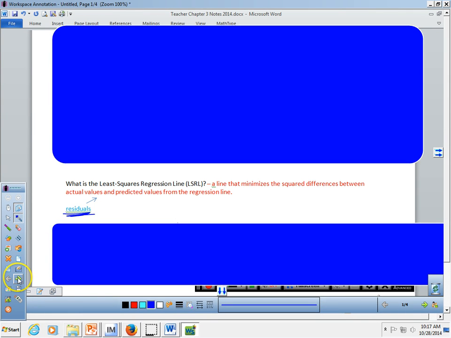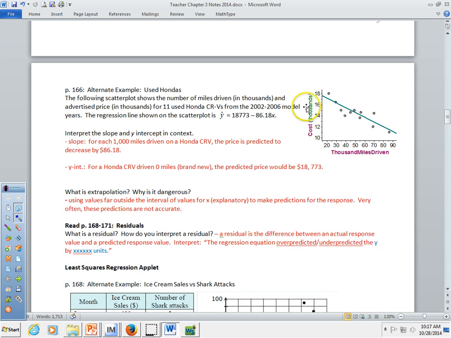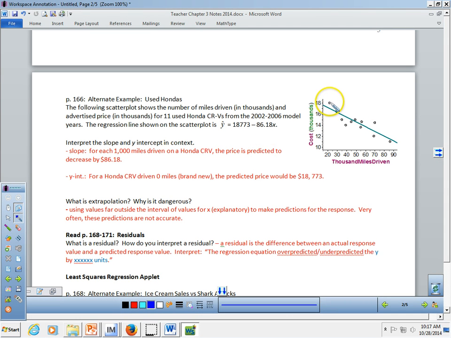So, for example, this one right here, for the Honda CR-V and miles driven example, this is a least squares regression line, because if we were to find the residuals, here are all of our prediction values on the line. Well, some of these actual price tags are higher and some are lower based on certain miles driven.